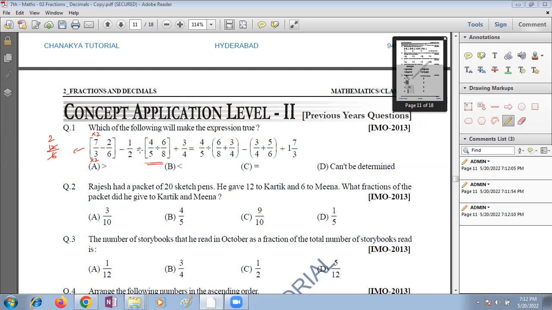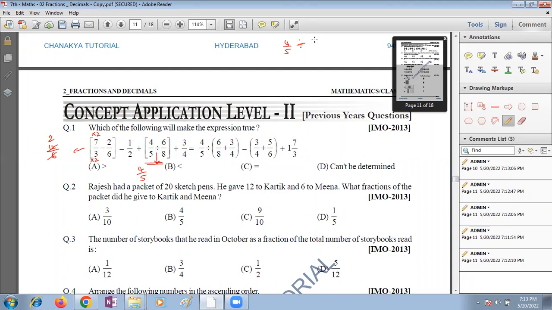Division of fractions. What should I do? Ma'am, we have to... Jane, wait, I'll come to you. Wait, let her answer. The first fraction as it is I should write. Second, instead of division, what should I do? Amat, instead of division. You see, Amat, 4 by 5 divided by 6 by 8.